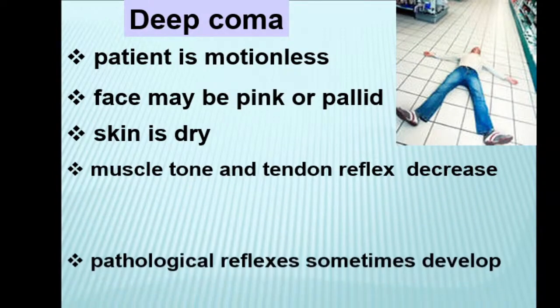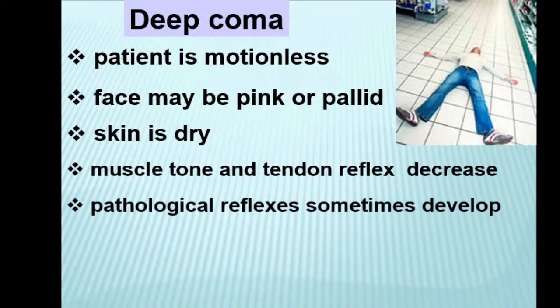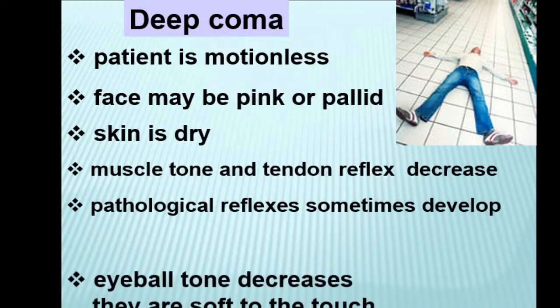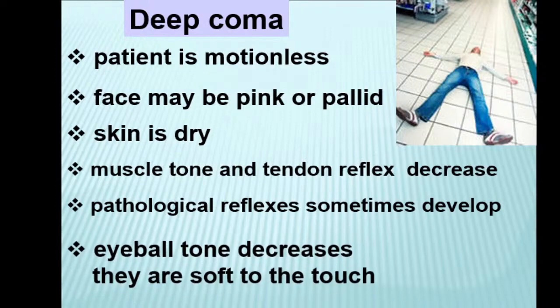If you touch the patient, his muscles are very soft and flaccid. Sometimes pathological reflexes may be revealed, grasping or sucking. If you touch his eyeballs, their tone also decreases. They are very soft, as if you were pushing on a pillow. Pupils are narrow.